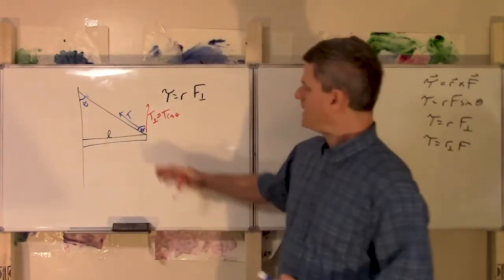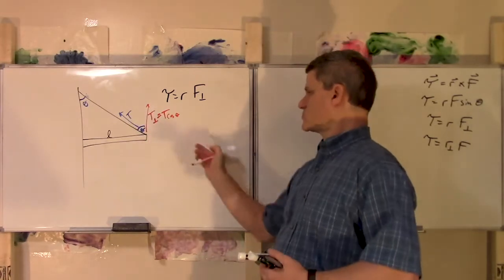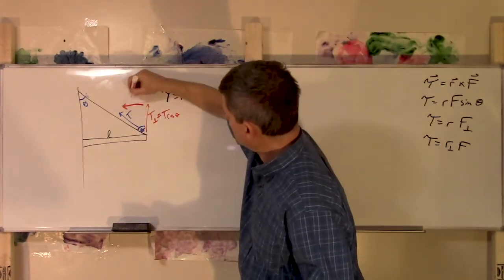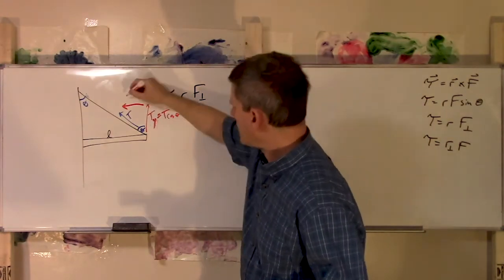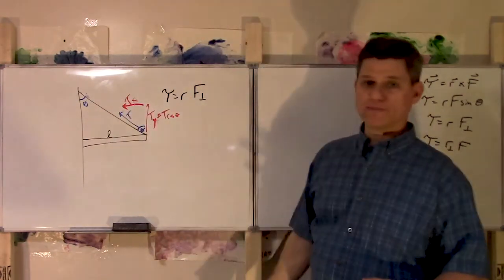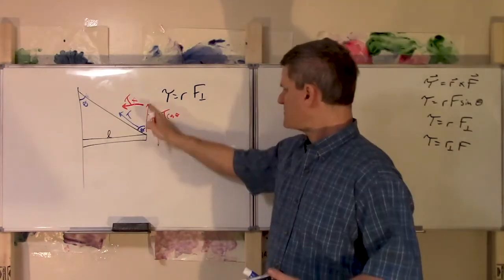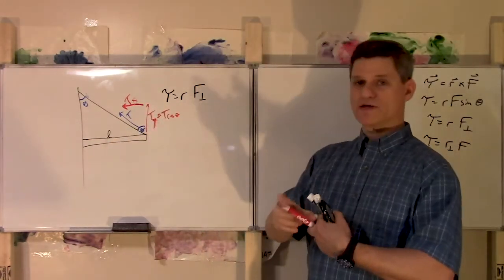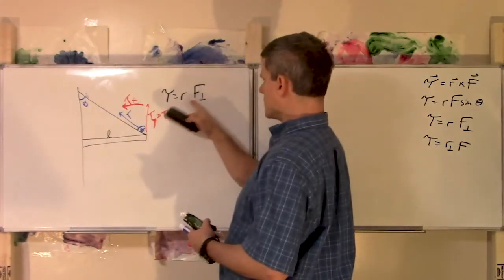In some cases it's easier to do that than to find that whole angle. Not only is it easier, but it's a little more visual because we're going to need Ty and Tx to solve the rest of the problem, as you'll see. So if you have this component there, you might as well use it. That's one example where it's convenient to use R F perpendicular.